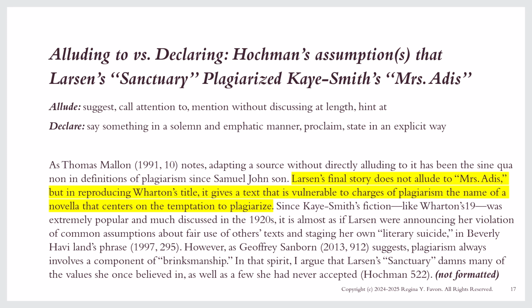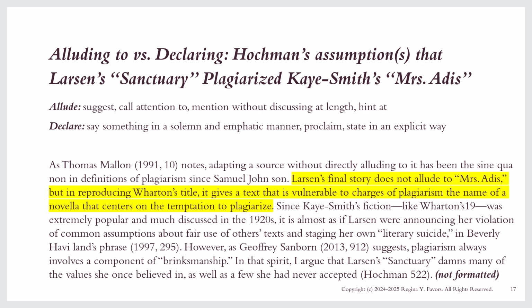So, as Thomas Malon notes, adapting a source without directly alluding to it has been the sine qua non in definitions of plagiarism since Samuel Johnson. Larsen's final story does not allude to Mrs. Addis, but in reproducing Wharton's title, it gives a text that is vulnerable to charges of plagiarism, the name of a novella that centers on the temptation to plagiarize.